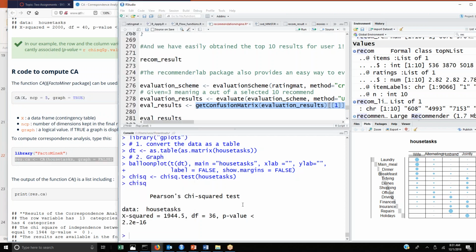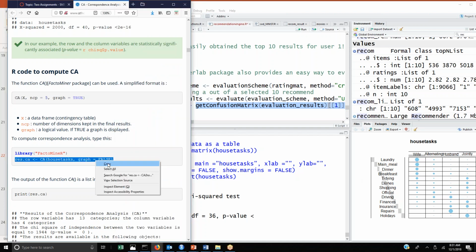Remember, what does correspondence analysis give you? Can you say it in one sentence? Analyzing the most important dimensions among qualitative variables, because it could be more than two variables, not only a two-dimensional table. It could be a 10-dimensional table. Good.